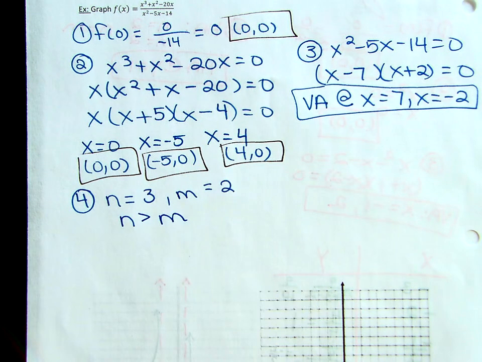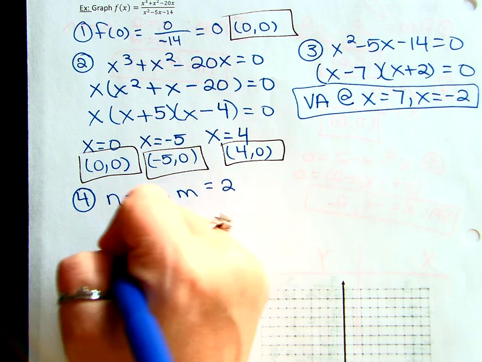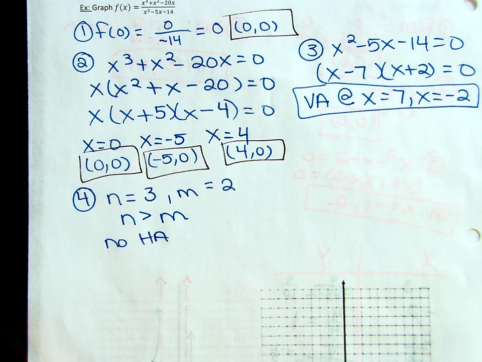And when that happens, what does that tell us? There's no horizontal asymptote, okay? But how do we know if there's an oblique asymptote? What's the special rule for oblique asymptotes?